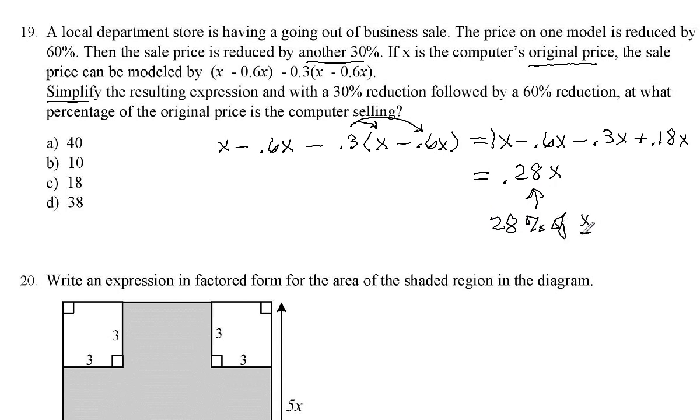So whatever those original prices were, after the two markdowns, we're at 28%. And if we look over here, 28 is choice D. So 28 is the percentage of the original price on this item.